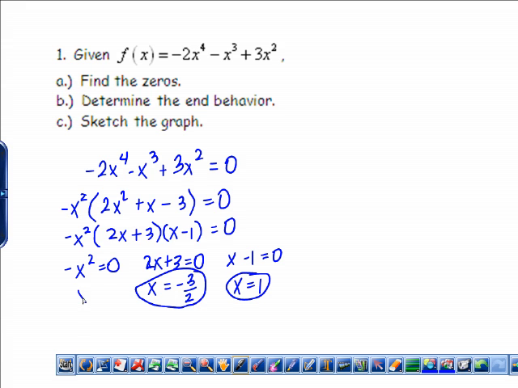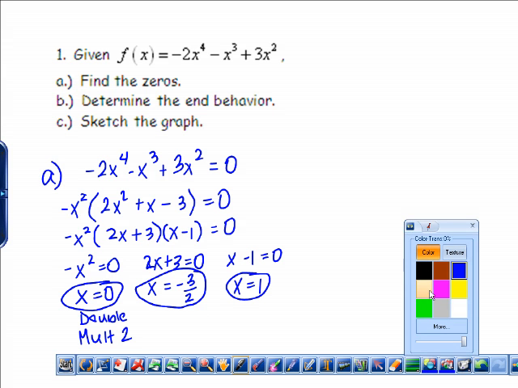And then this one looks confusing, but it's just 0. All right, and what's interesting about this one is because the x is being squared, I'm going to write the word double here. We could also write that there's a multiplicity of 2. Now this is going to cause something interesting in the graph that you may or may not remember. Okay, we'll get to that in just a minute.